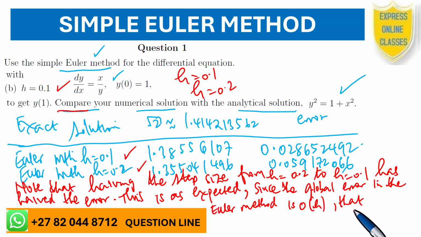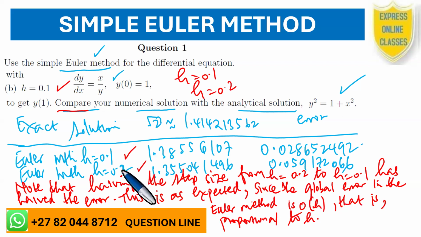That is not normally used in the applications of those methods like your Adams-Moulton we spoke about last time. So now the big O of h is proportional to h. Note that halving the step size from h equals 0.2 to h equals 0.1 has halved the error. This is as expected.